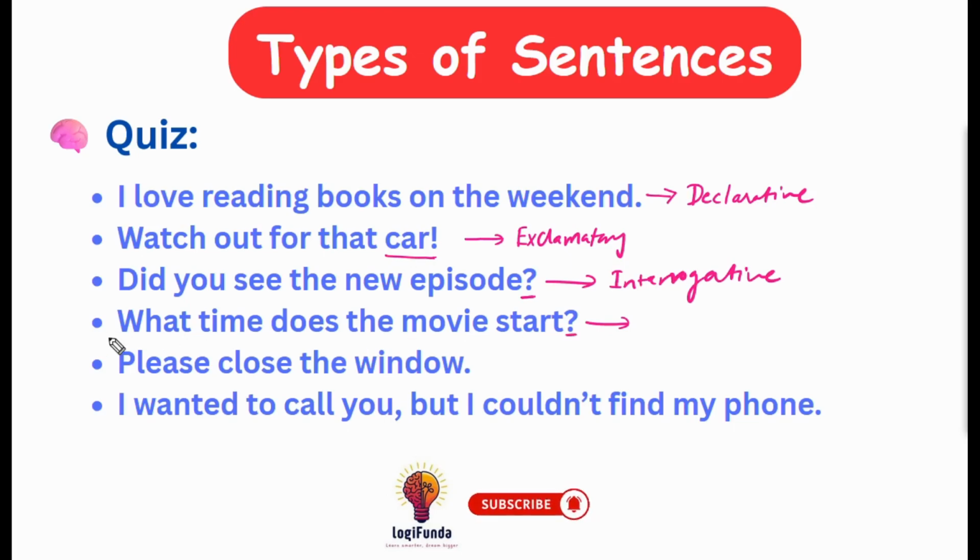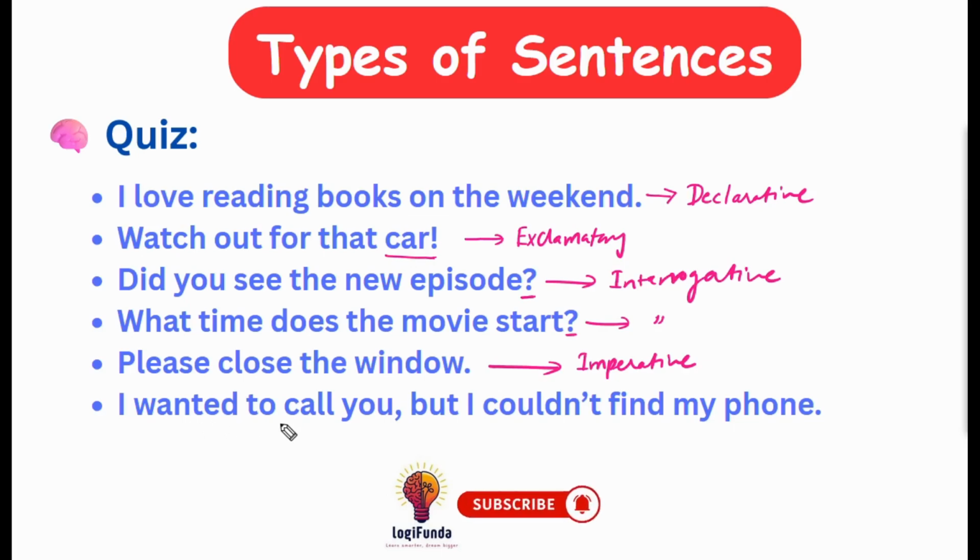We have a question mark here and we are asking a question. So this is also an interrogative sentence, right? Another one we have, please close the window. What is this? You are requesting someone to close the window. So this is an imperative sentence.